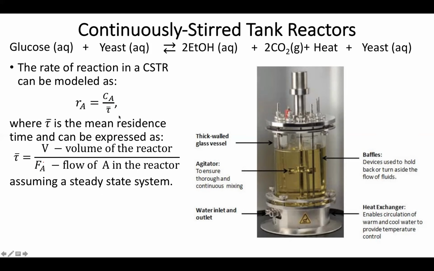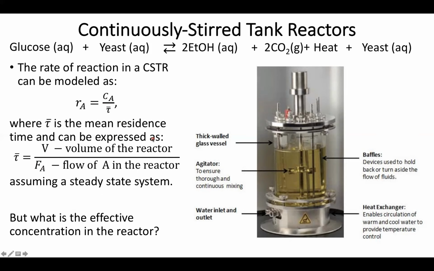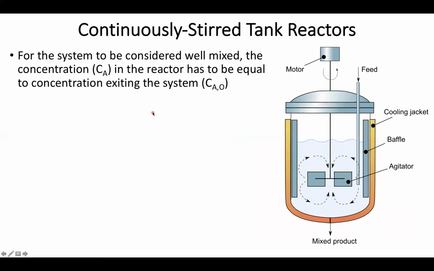So this gives us some information about mean residence time, but what about the concentration, the effective concentration of the system? Well, we end up running into a nice advantage here with CSTRs, because in order for the system to be well mixed, the concentration inside the reactor has to be the same as the concentration of the product exiting the reactor.